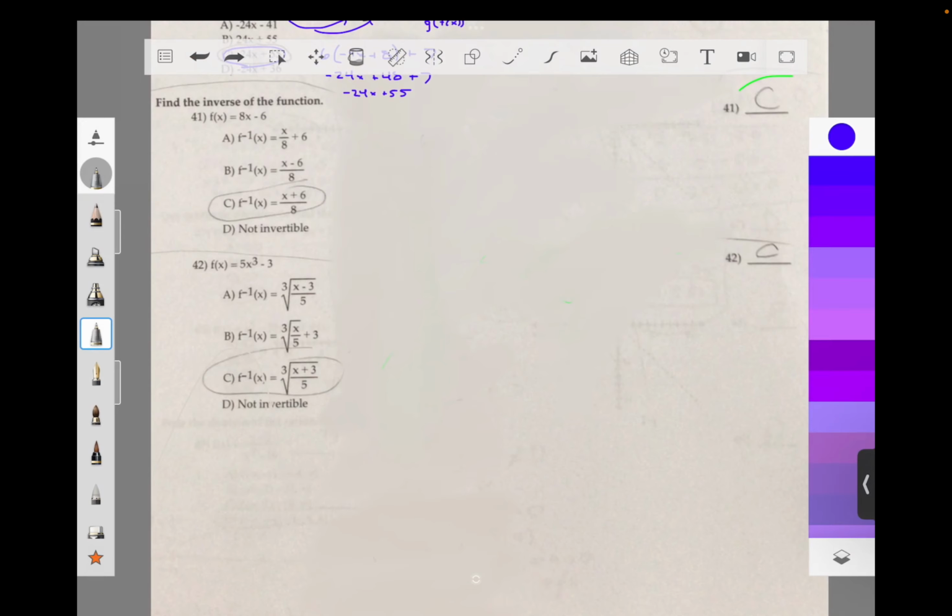Give me one moment, because I apparently forgot how to do an inverse of a function. I'm going to look it up.